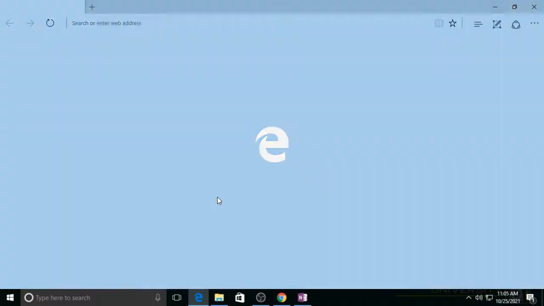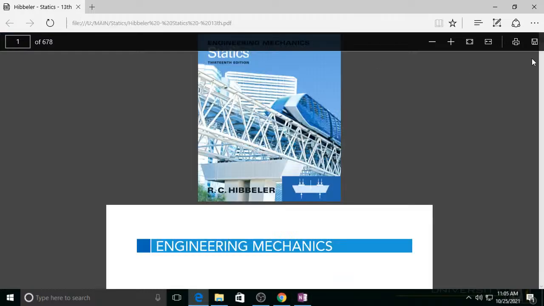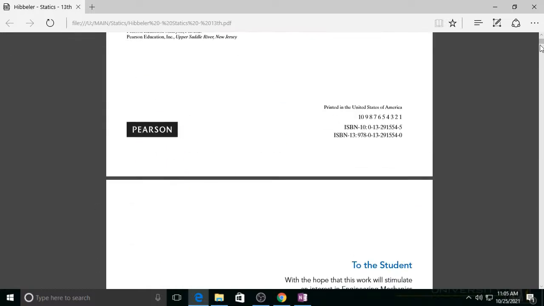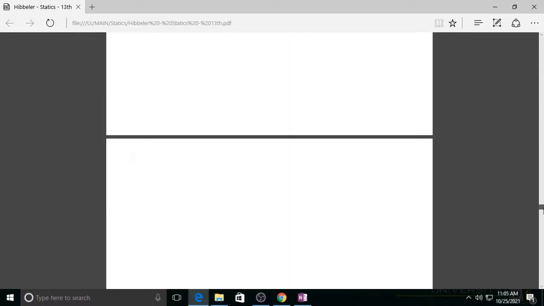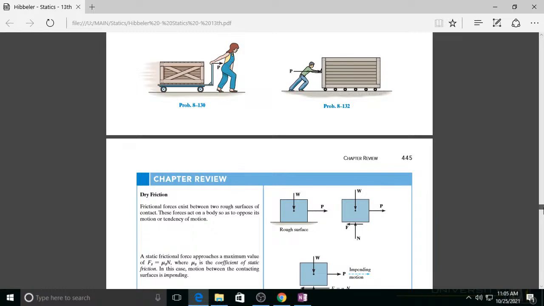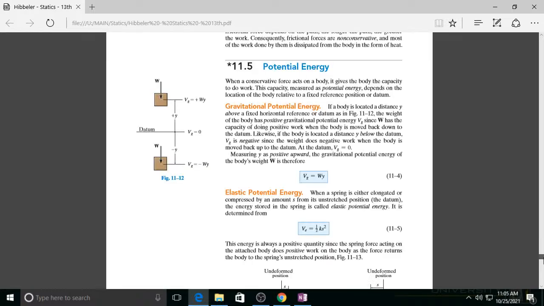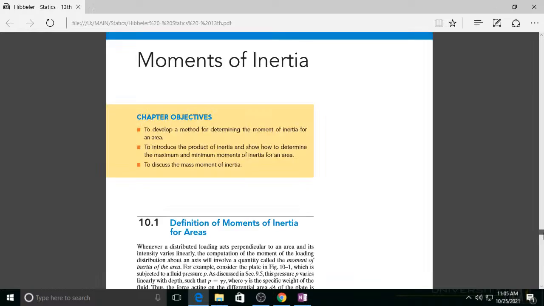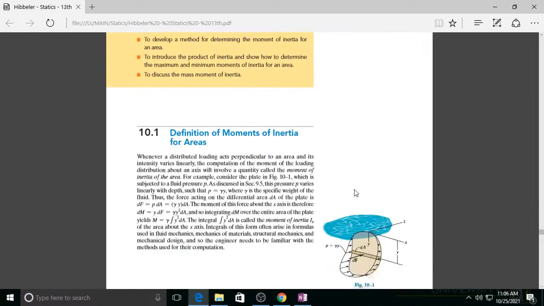Let's see if this will load. Oh, there you go.